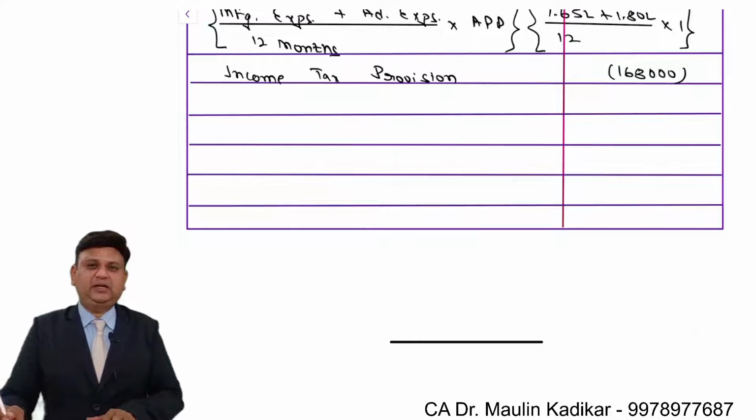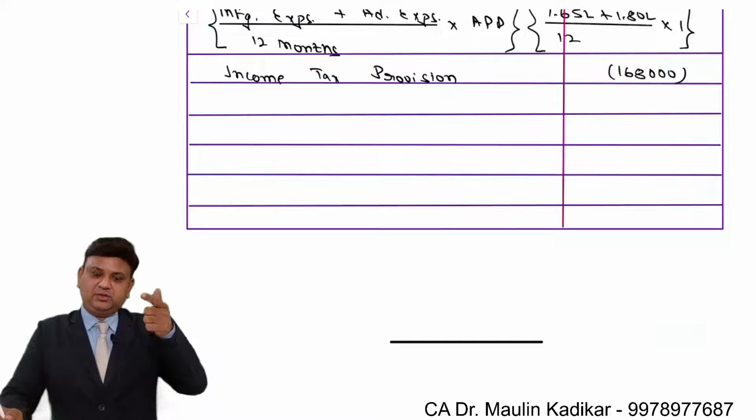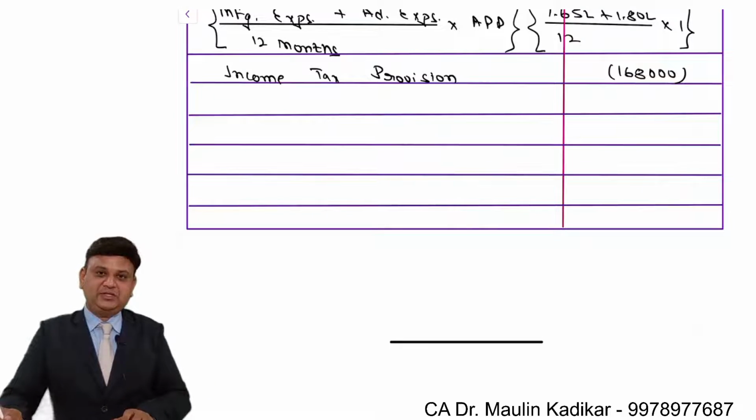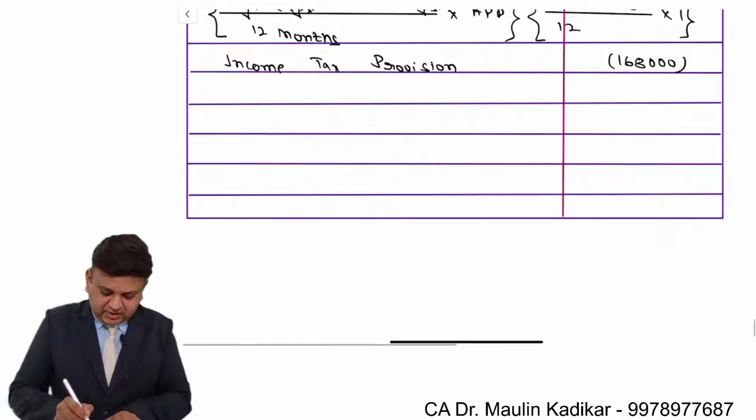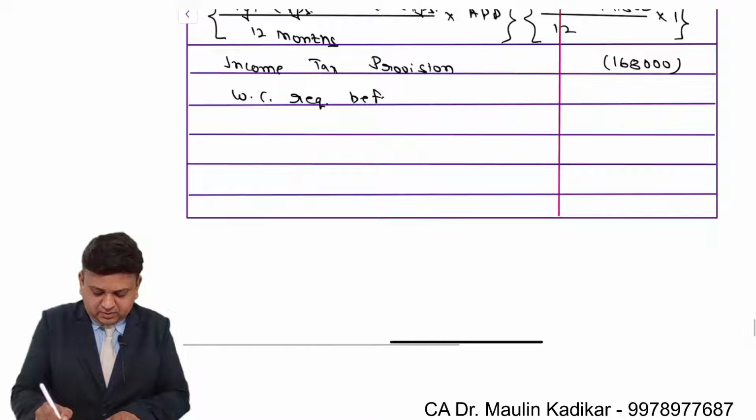That is what we understand. If you would have written the cash balance of 2,50,000, then right now you would mention bank overdraft of 75,000. So this is the working capital requirement before margin.